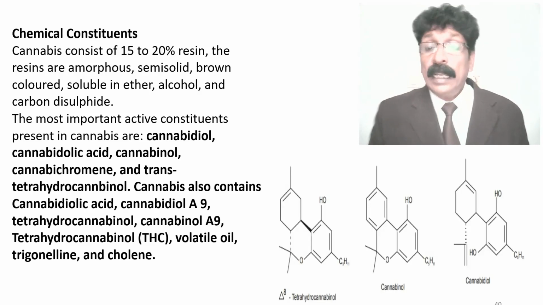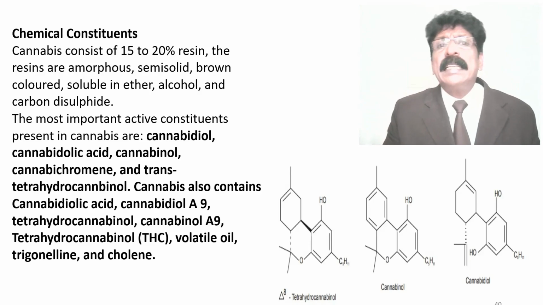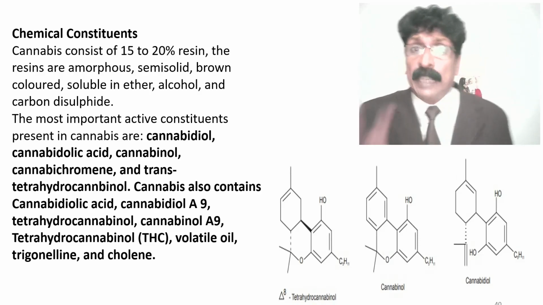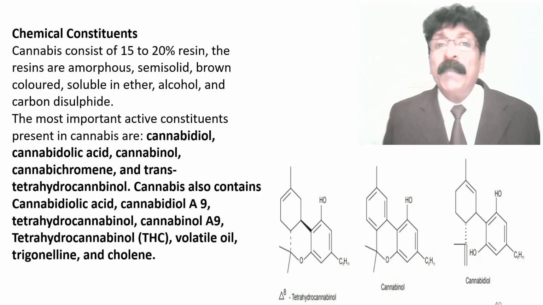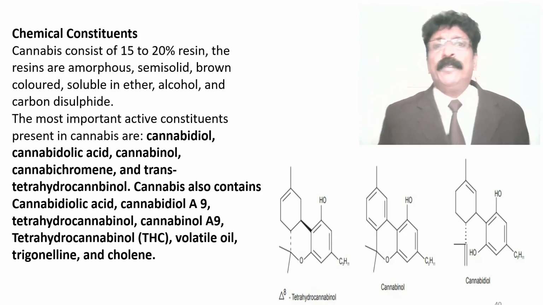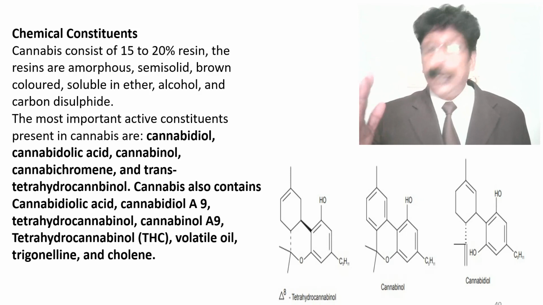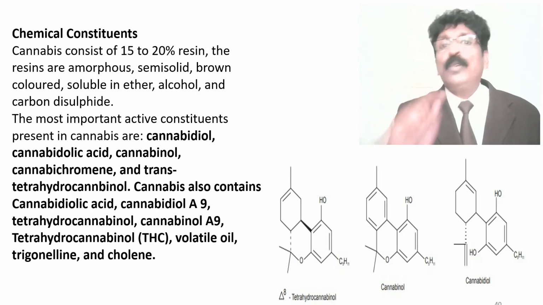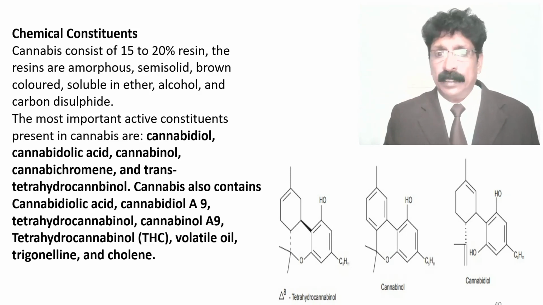The structure can be written very clearly once you practice. It is very important whenever you are writing about constituents of any compound in pharmacognosy, or even in any chemistry subject. A pharmacy student has to write the structure very clearly, the basic chemistry.